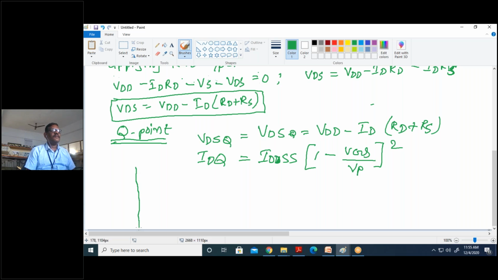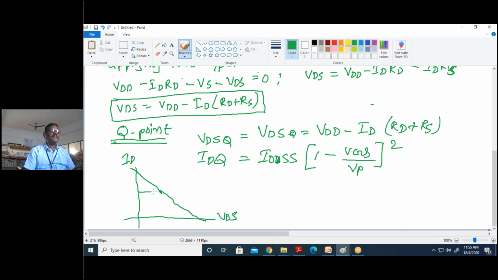Example, output characteristics in between VDS versus ID, and this is the load line, maximum VDS to ID.